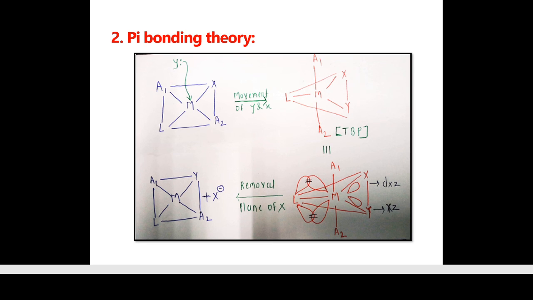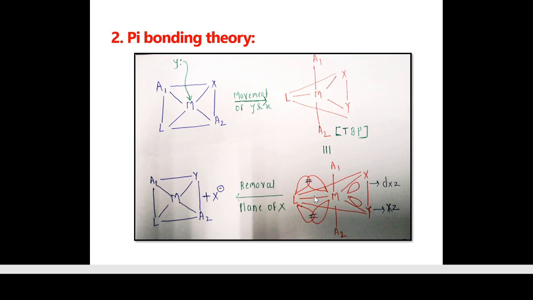Okay students, this was about pi bonding theory. Have you understood it? Whenever Y attacks the central metal atom of this square planar complex, there is movement of Y and X, forming a trigonal bipyramidal transition state.